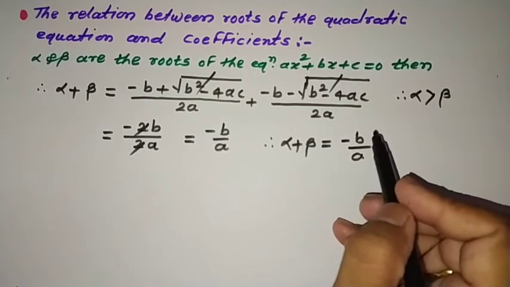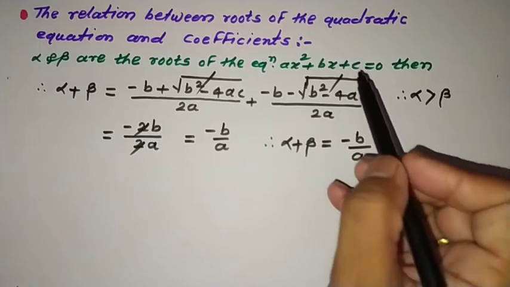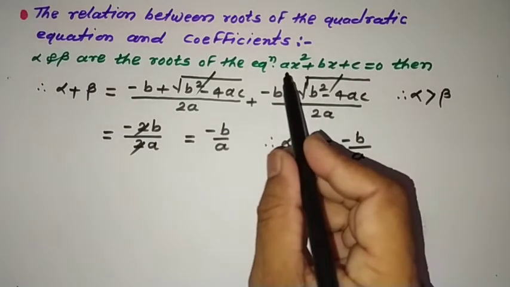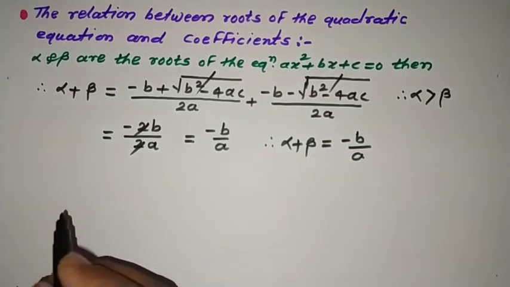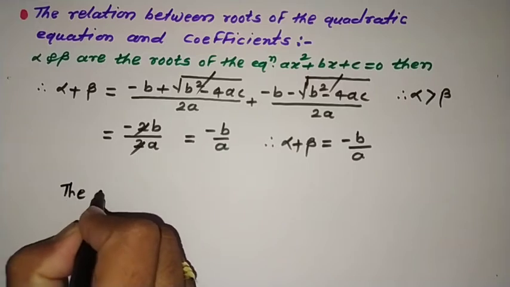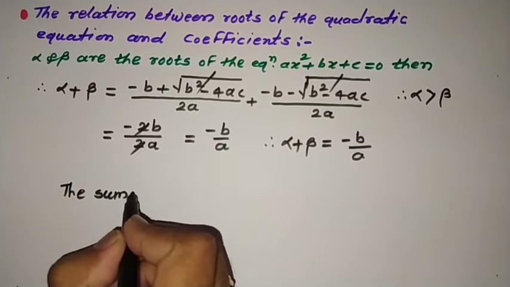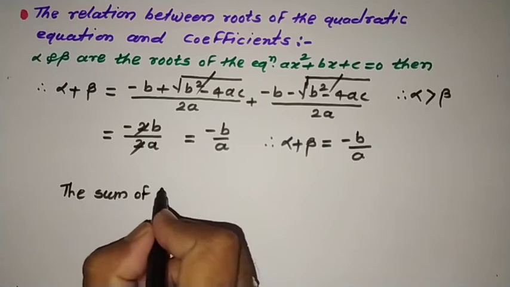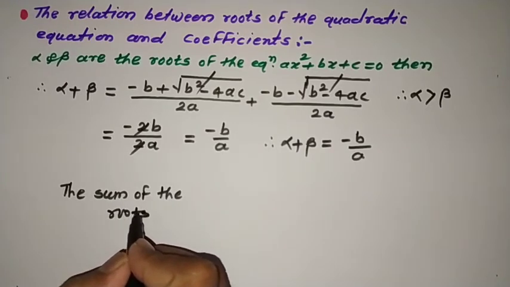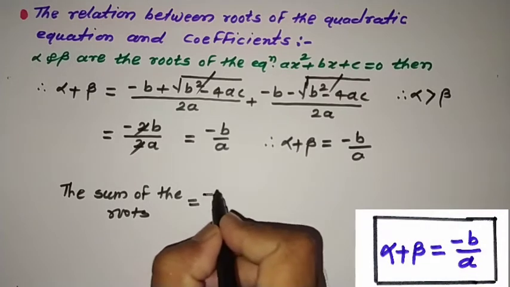Minus b is the coefficient of x and a is the coefficient of x square. The sum of the roots is equal to minus b upon a.